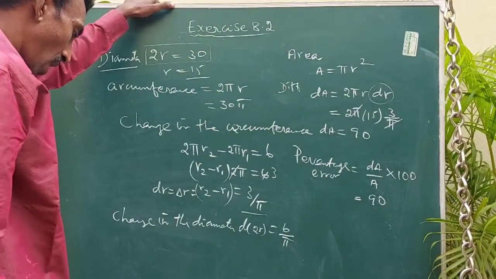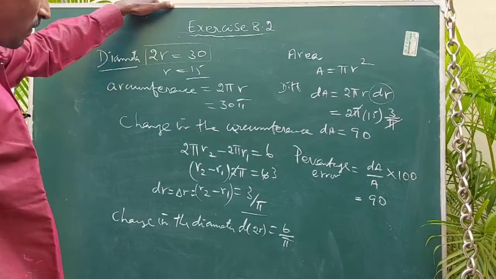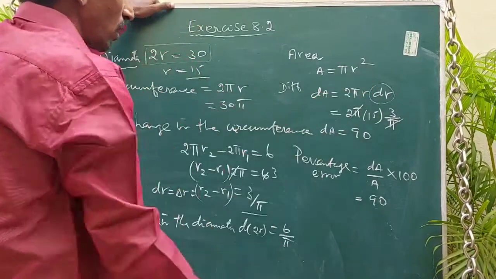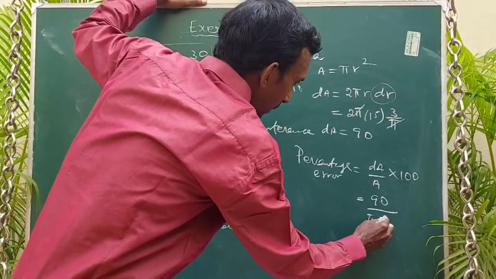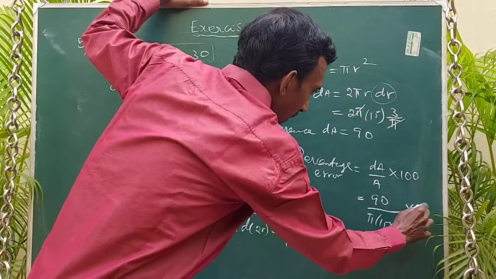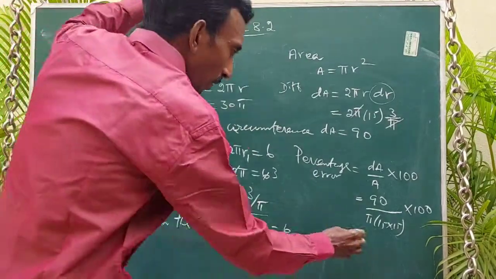And what is that? Already we calculated. So here put r equal to 15 to get the A value. So pi into 15 into 15, into 100. So we have to cancel.